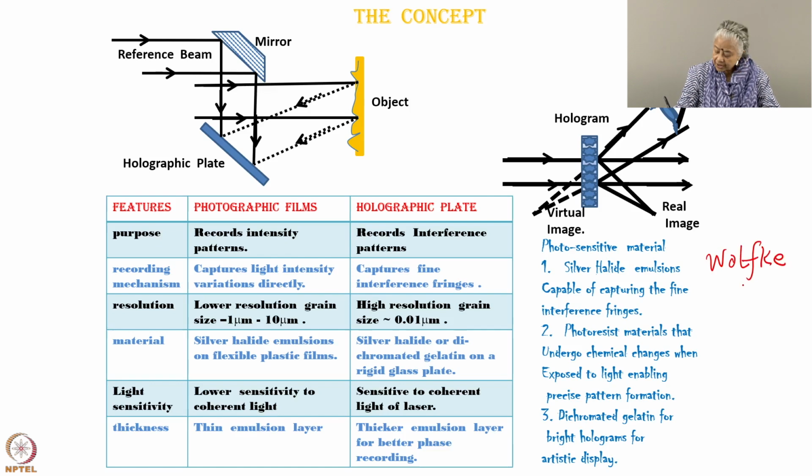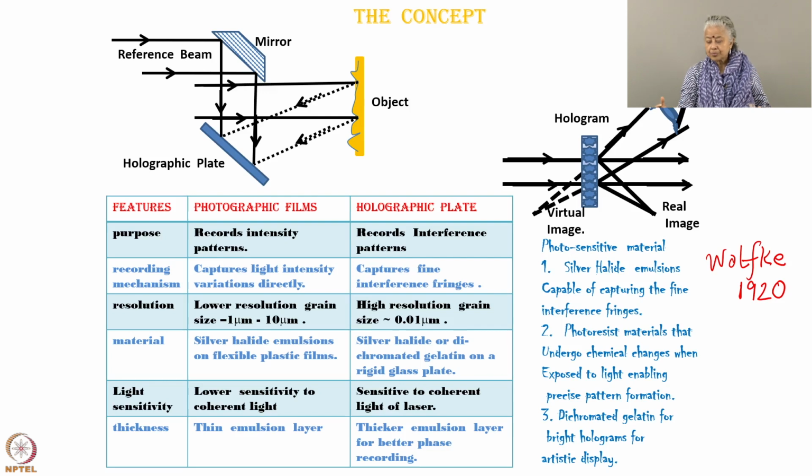And he did it somewhere around 1920. He came up with this idea. And as you know, in 1920, lasers were not discovered at all. So, within a few years, this whole concept was forgotten.